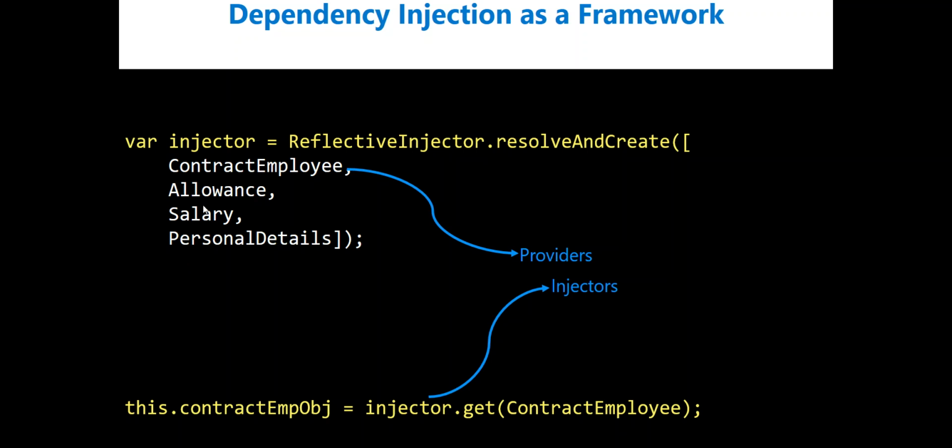If I can list A, B, C, I can list up to Z. I can list out 100 dependencies over here. How does the injector know this is the object to be created and these are the list of dependencies? You got my point, right? One class may have 3 dependencies or 4 dependencies. So the injector should have knowledge about how many dependencies there are for a particular class.